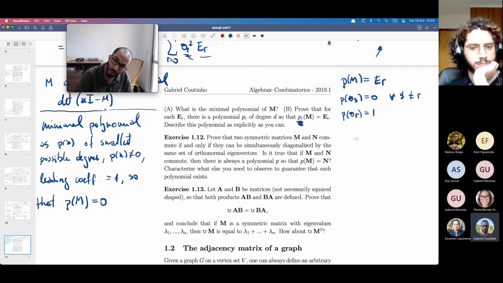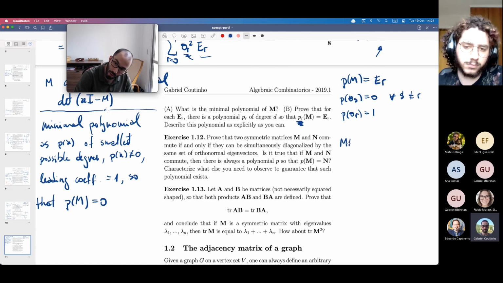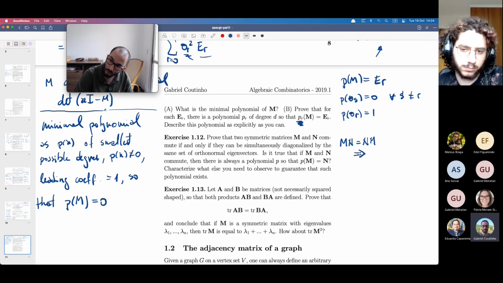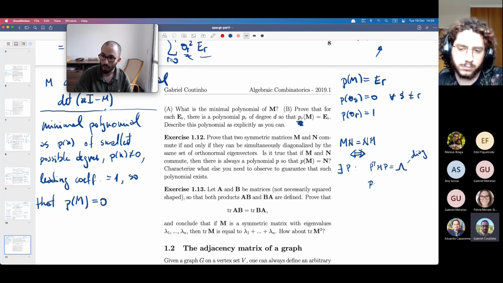I want to show that MN is equal to NM if and only if they have the same set of orthonormal eigenvectors, if and only if there exists P so that P transpose M P is equal to some lambda, which is a diagonal matrix, and P transpose N P is equal to some, I don't know, gamma, which is also a diagonal matrix.